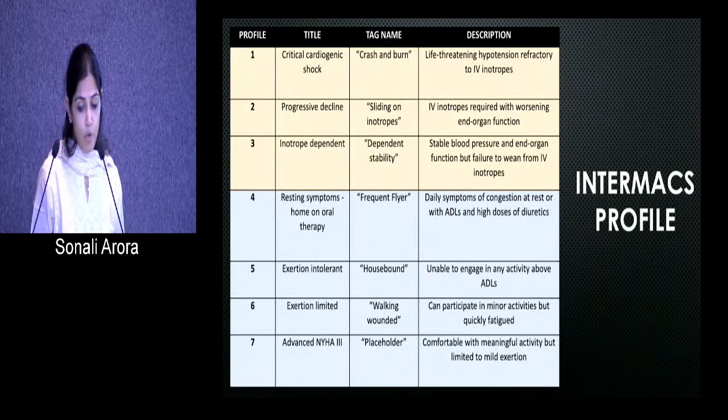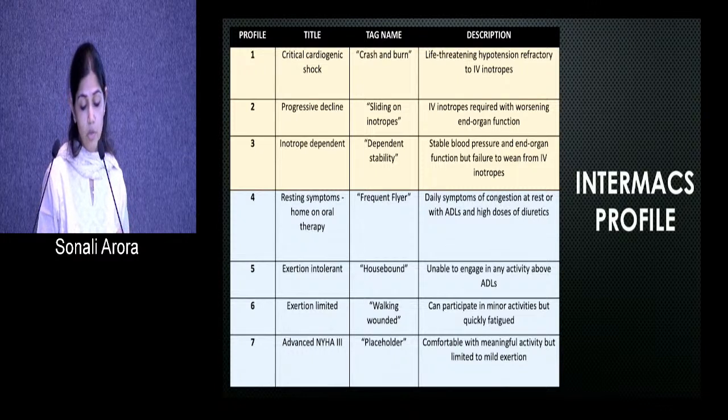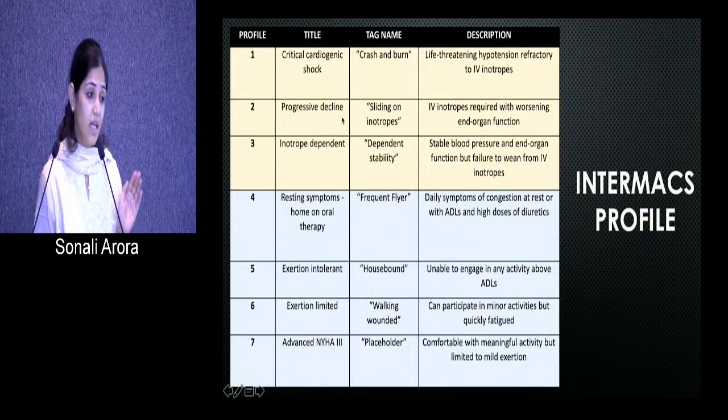We have already spoken about the INTERMACS profiles. My only important point to make here is, we spoke about the profiles 1, 2, and 3, which are crash and burn patients. Thinking about them, most of these patients will benefit the most from advanced heart failure therapies. But for the crash and burn patients, if you try to do advanced heart failure therapies on them, the outcomes are not good.